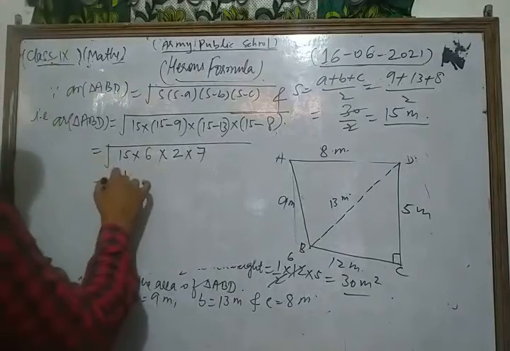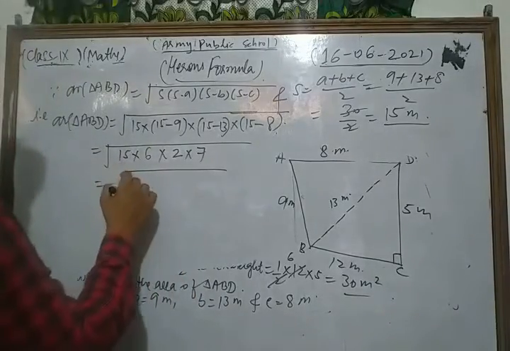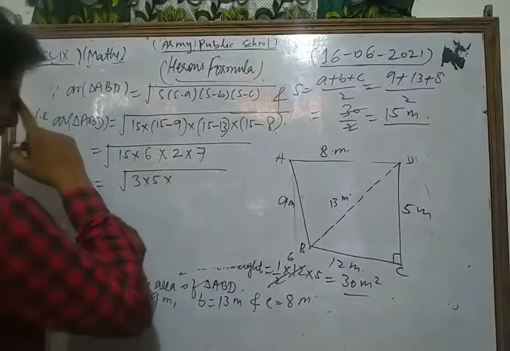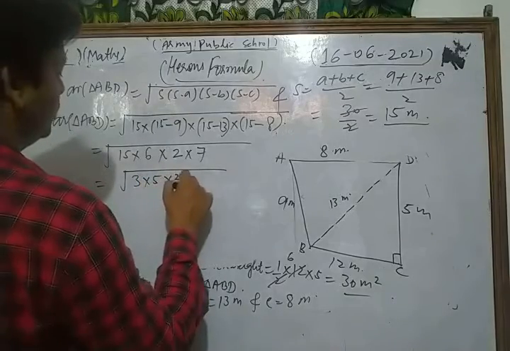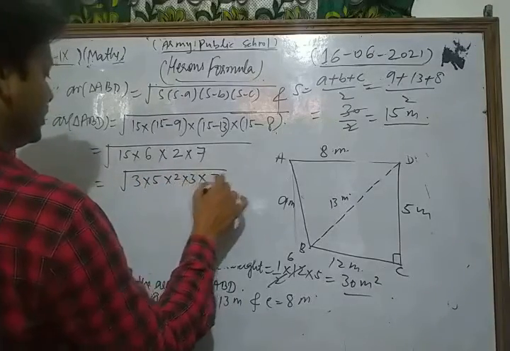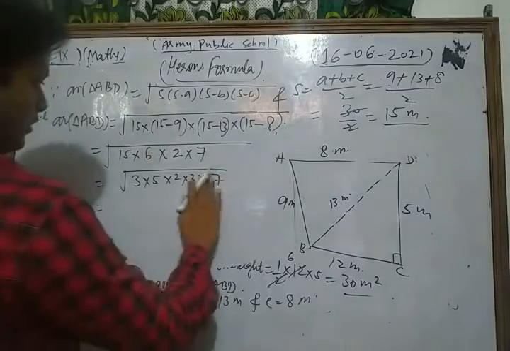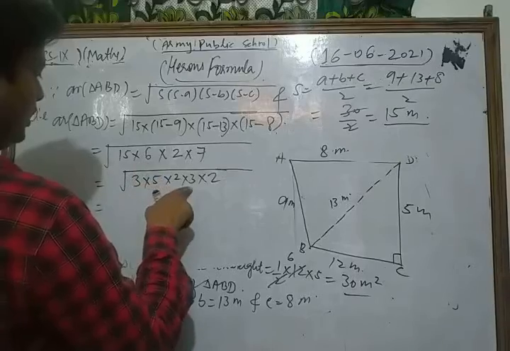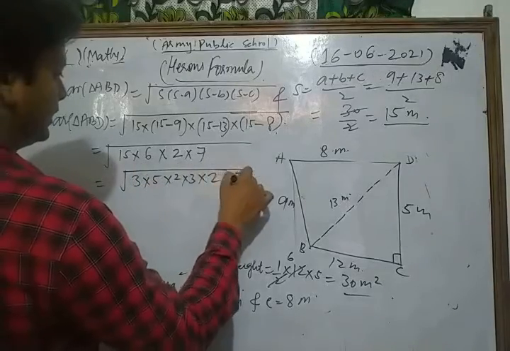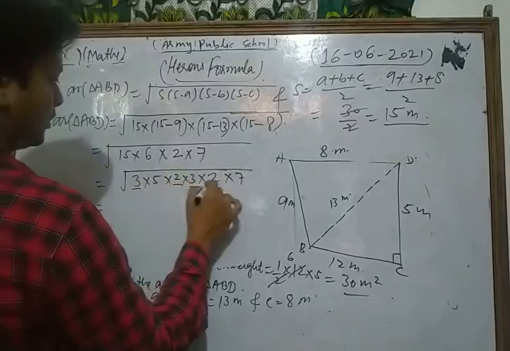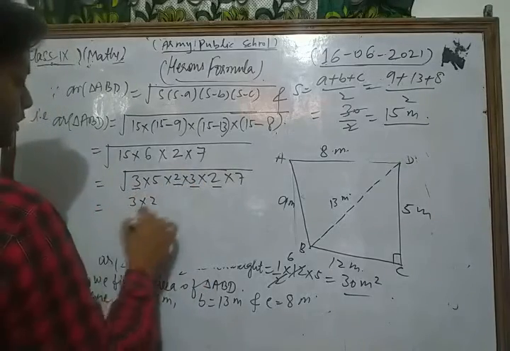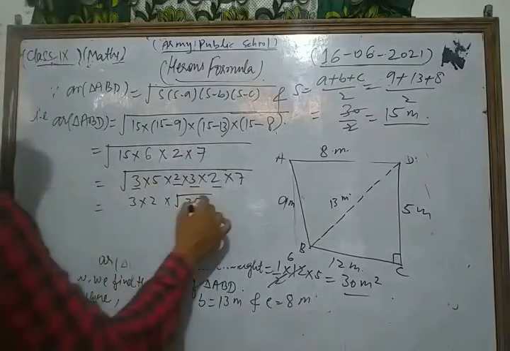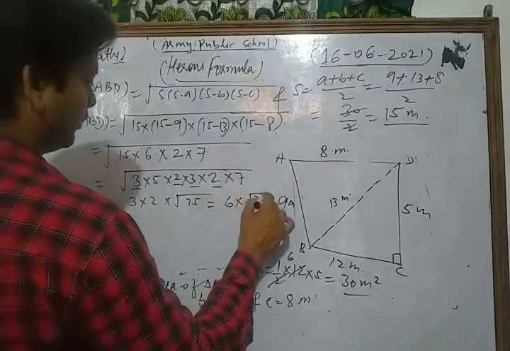We can write 15 as 3 into 5, 6 as 2 into 3, and 2 and 7 as they are. Now 3 is in pair, 2 is also in pair, so 3 and 2 come out of the surd, into 7 5s are 35. So 3 2s are 6 into under root 35.